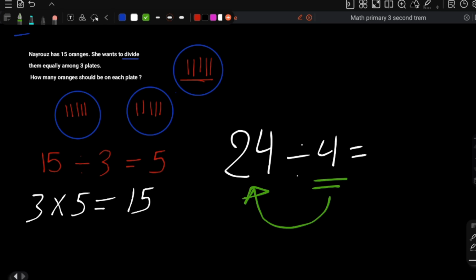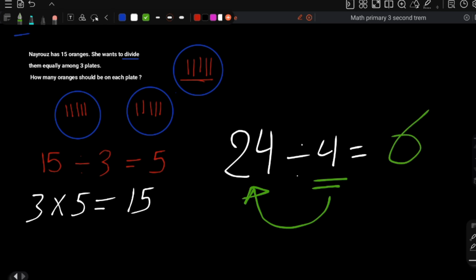From table 4 you will review the multiples. 4 8 12. Okay, 4 8 12 16 20 24. So I just multiply 4 by 5 to get 20, by 6 to get 24. So the result of dividing 24 by 4 will be 6.